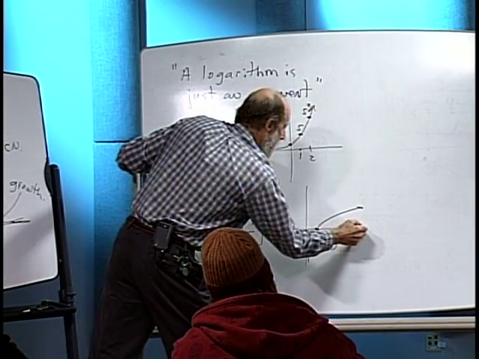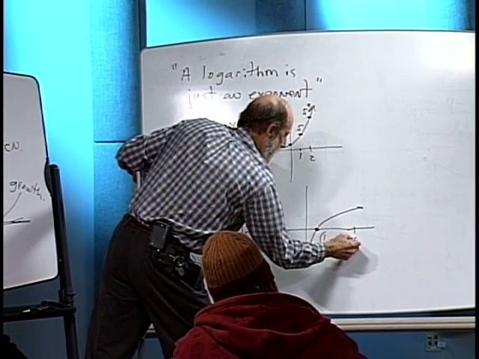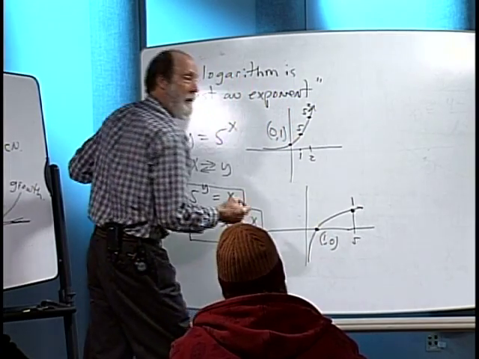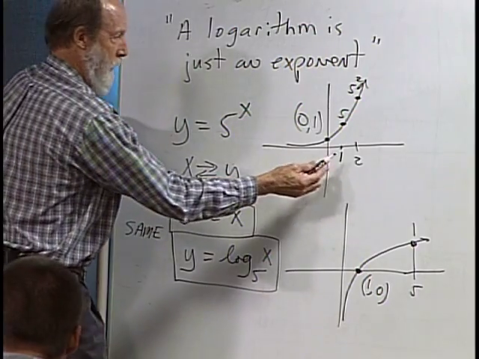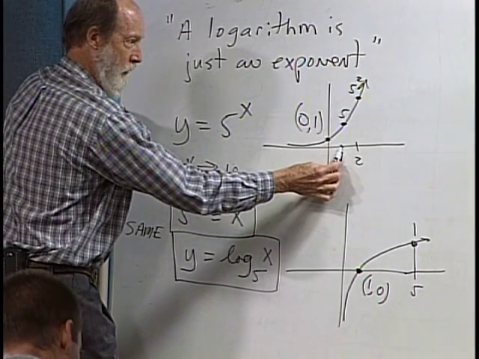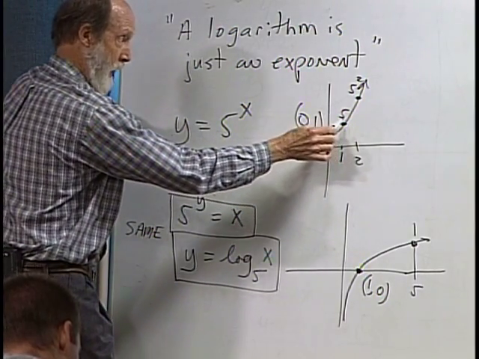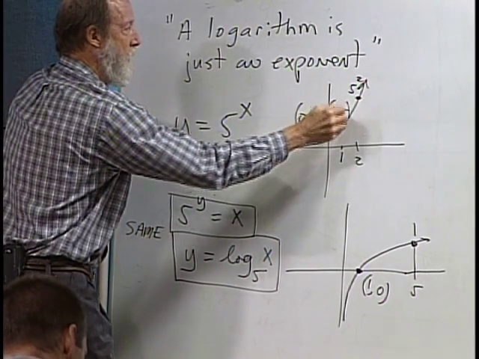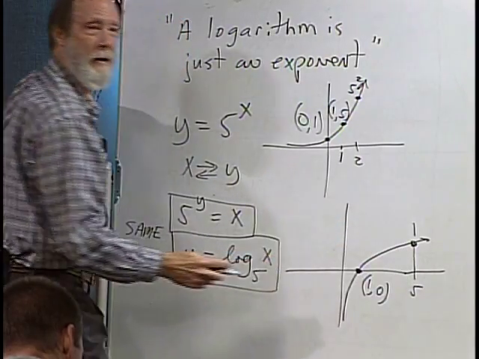If you go out to the base's value, out here to 5, this thing's going to be up at a height of 1. Just like up here, if you went over in the domain to an input of 1, you're going to have an output of 5. So that point (0, 1) becomes (1, 5).